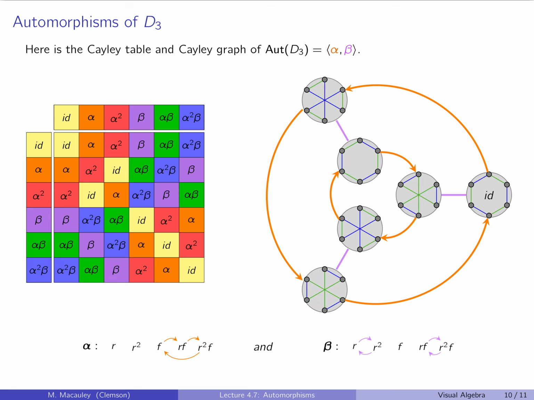And this is the same thing, but with our other Cayley graph. Once again, this is alpha and alpha squared, and this is beta, alpha beta, and alpha squared beta. And I encourage you to check that with these rewirings, both in terms of permutations and in terms of rewirings, that alpha beta equals beta alpha inverse or alpha squared.